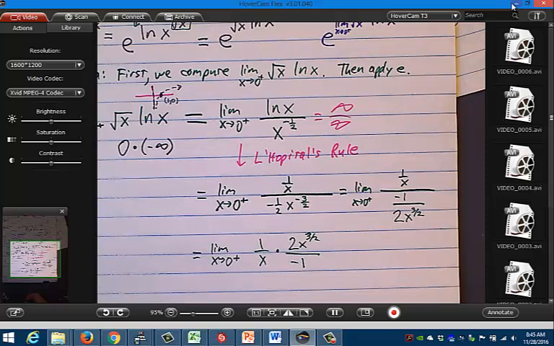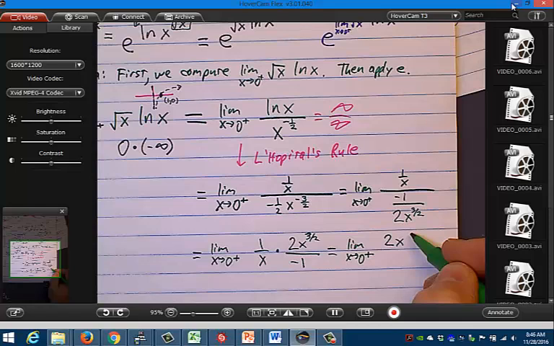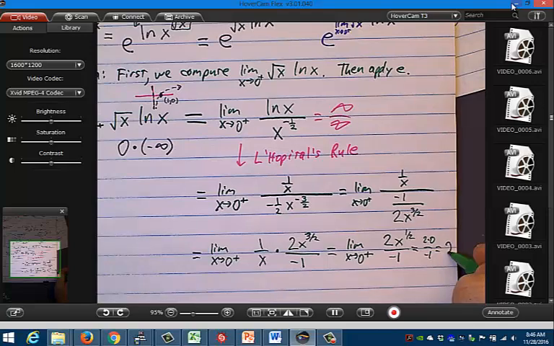And now what can I do with these x's? You can cancel them, right? You have the limit as x approaches 0 from the positive side of 2x to the 1/2 over negative 1. So that's 2 times 0 over negative 1. All that is 0. A lot of work.